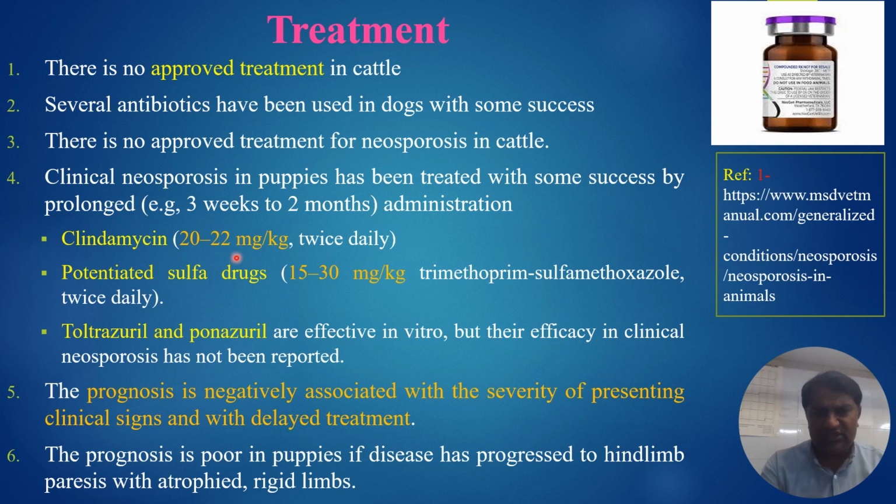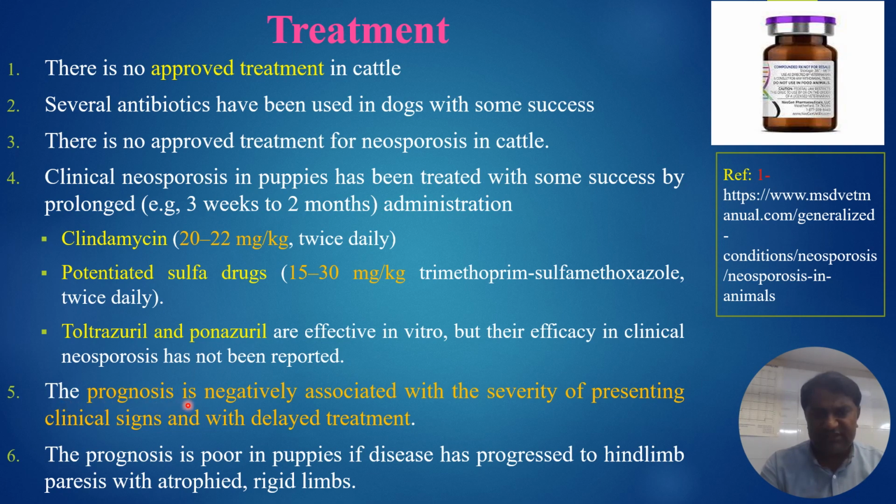Clindamycin 20 to 22 milligrams per kg twice daily, or potentiated sulfonamides, 15 to 30 milligrams per kg trimethoprim-sulfamethoxazole twice daily. Toltrazuril and ponazuril are effective in vitro, but their efficacy in clinical neosporosis has not been reported.